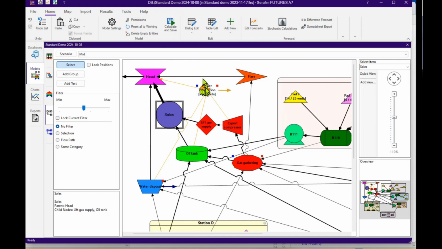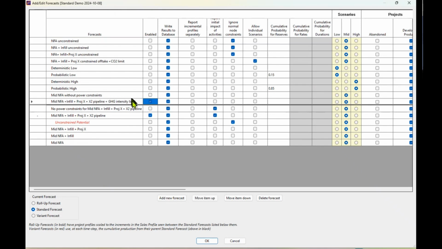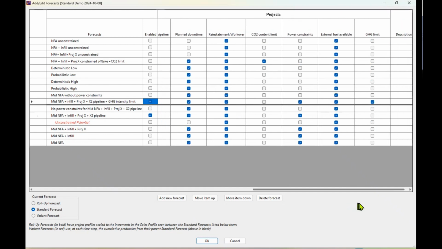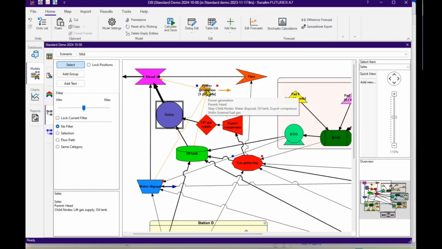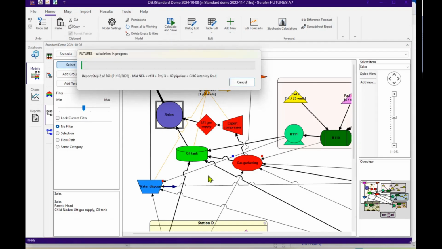to sales, and so that's what we do to generate the second forecast, imposing a greenhouse gas intensity limit. It's got a plan change with a greenhouse gas limit, and that plan change directs the power generation output, i.e. the greenhouse gases, towards sales, and so it is then counted, and the intensity limit is applied.